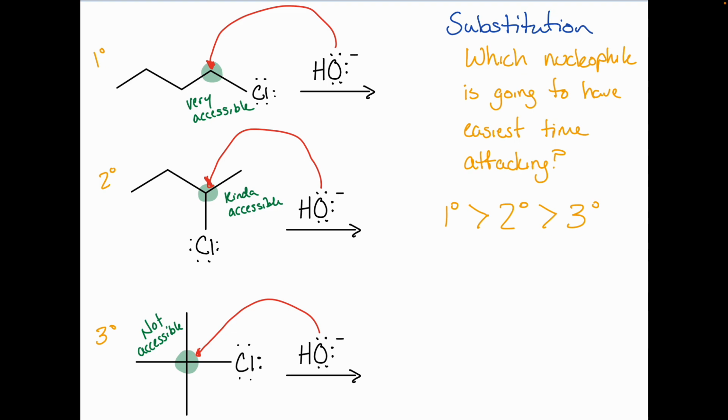And if it can't get to that carbon to undergo a substitution reaction, then it's going to instead do an elimination reaction. So in terms of our ranking for substitution, but if we were to flip things around and do the reverse, elimination, that means that the tertiary is going to be more likely to undergo elimination than the secondary, which is more likely than the primary.